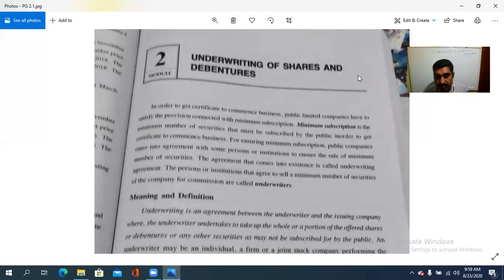The agreement that comes into existence is called the underwriting agreement, and the persons or institutions that agree to sell a minimum number of securities of the company for a commission are called underwriters.